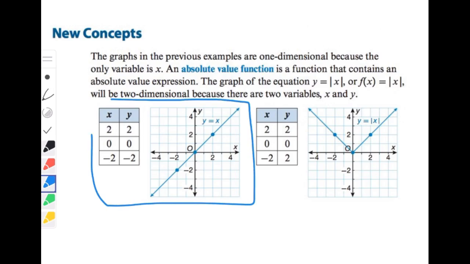So it's just a straight line. Now, what we know about absolute values is they can never be negative. So any of those negative values that are down here on our line are then flipped up above the x-axis. So we end up with our absolute value parent graph over there. Okay?